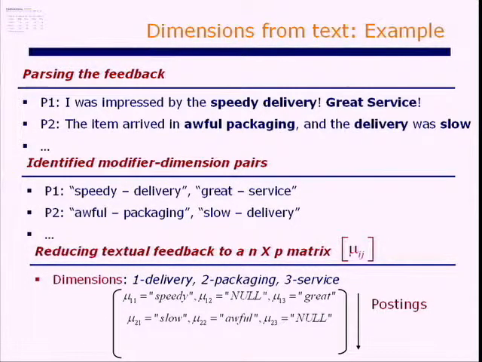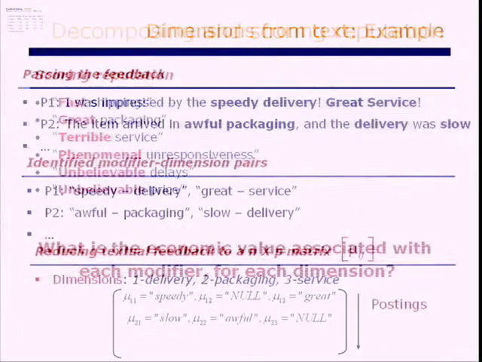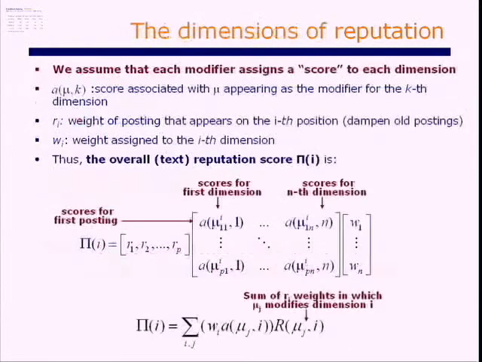And then the corresponding modifier scores, or modifies, that particular dimension. And so our postings are structured in the following way. Now, we're still in the realm of words, right? Phenomenal unresponsiveness, great service.